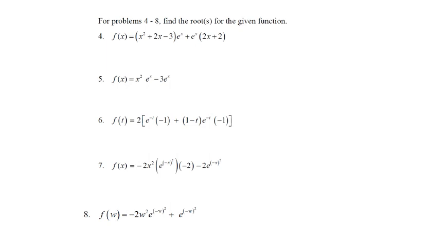E to the negative t. And 1. And a negative 1. So let's factor out a negative 1 e to the negative t. And I have to have 2 terms left inside. What would I put first?